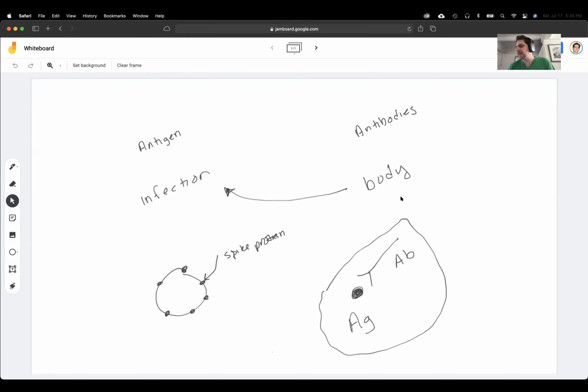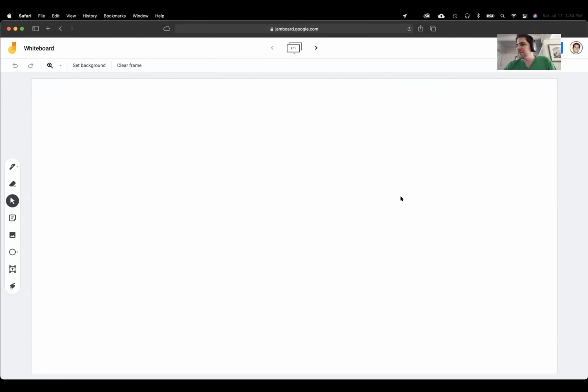So that being said, let me ask you this. Hepatitis B is a good example for this. If you check the blood and you're positive for antigen, what does that mean? In regards to hepatitis B, that means you have an active infection, okay?